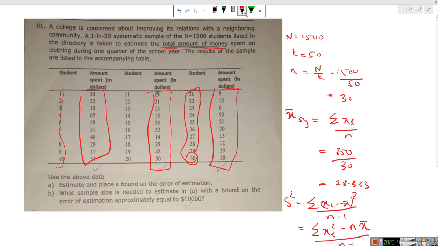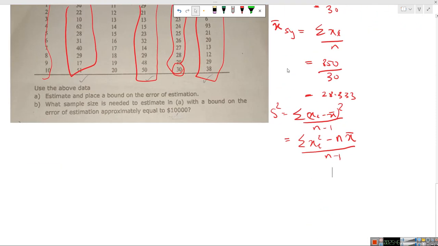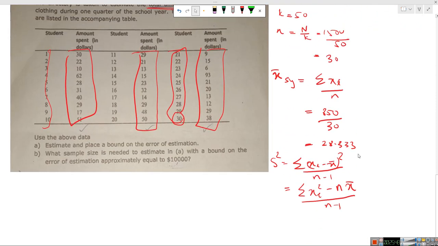Okay, now if you use this one, this should be equal to, so I calculated this, so it becomes 33904 minus 30 into x bar, we calculated 28.333, divided by n minus 1, that is 30 minus 1.